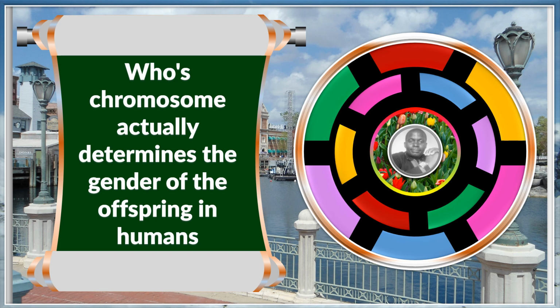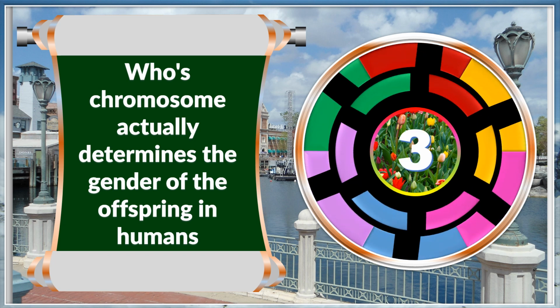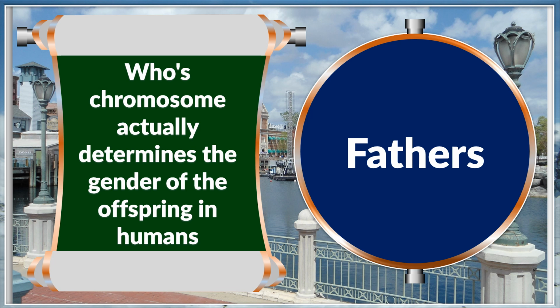Whose chromosome actually determines the gender of the offspring in humans? Fathers.